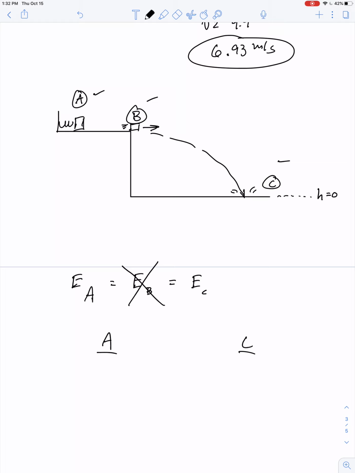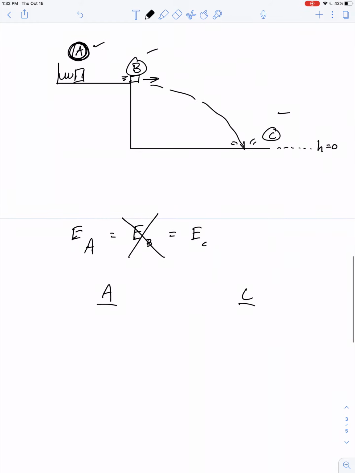Okay, so based on that, we have to think, what forms of mechanical energy exist in state A? Well, the spring is compressed, so there's some elastic potential energy, but at point A, it's also up above our reference height. So there's also some gravitational potential energy, but the block is at rest in position A, so there's no kinetic energy.